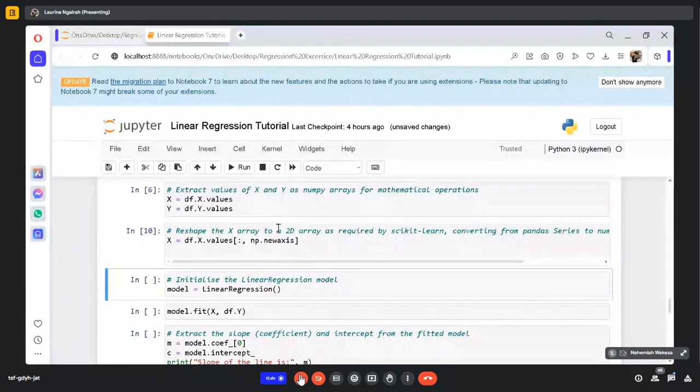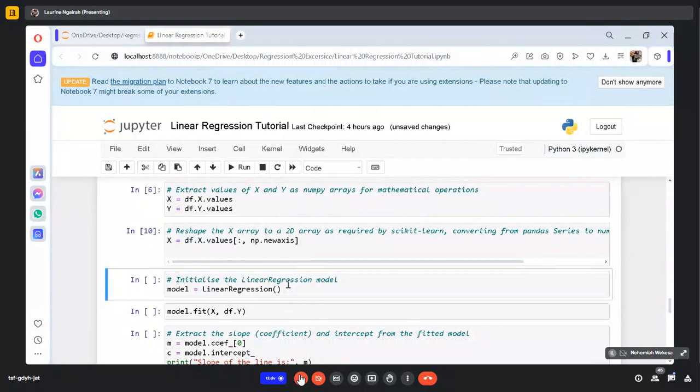You know how we've been doing it before. A series will not be able to work like that, so in order to do all those computations, we need to make it like a matrix. I think that's it in a nutshell. Okay, thank you so much, guys. I think that is clear.